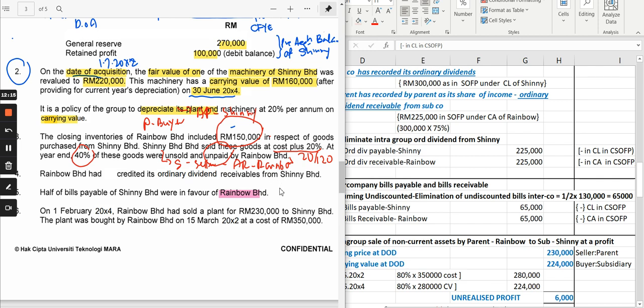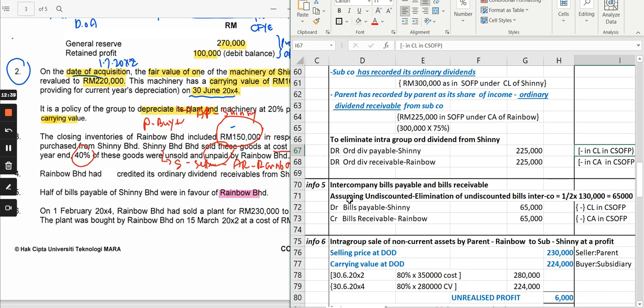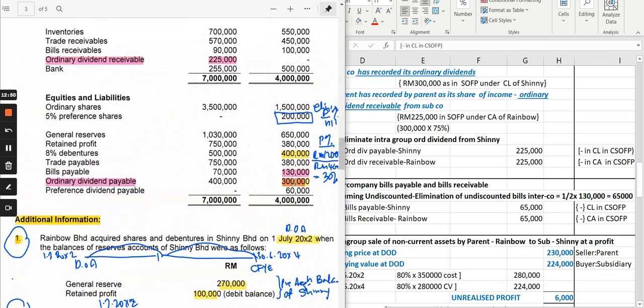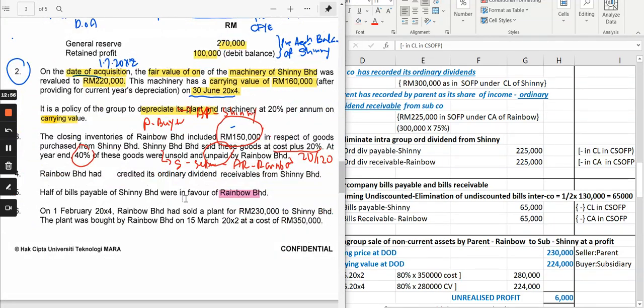And you are not informed which or how much was discounted or undiscounted. So if that is the situation, since no information states what was discounted or not discounted, we shall assume that these are all undiscounted unless stated otherwise. So you need to eliminate that undiscounted bill. How much is the undiscounted bill? It is not 130, but only half of it, because the question clearly mentioned it is half.